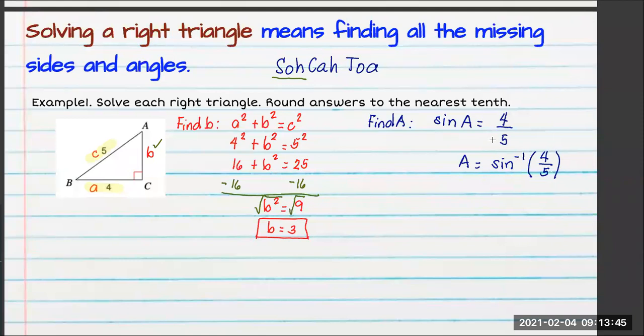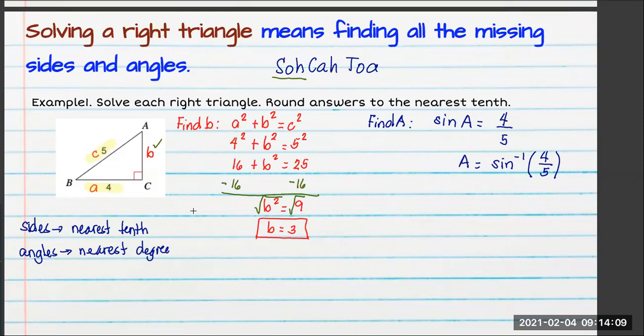Now, why don't we do it this way? The sides will be rounded off to the nearest tenth and the angles would be the nearest degree, meaning integer.